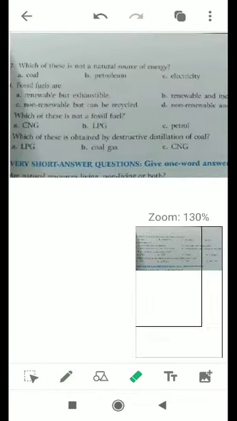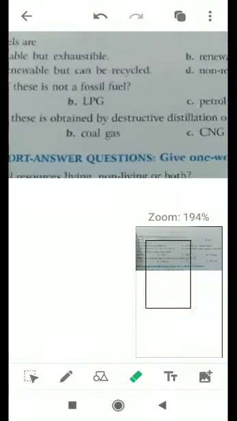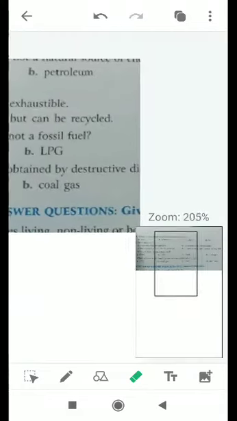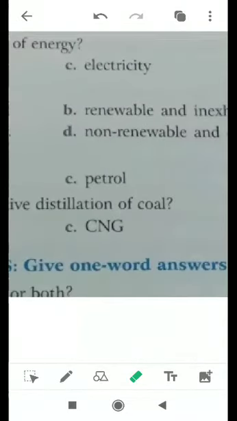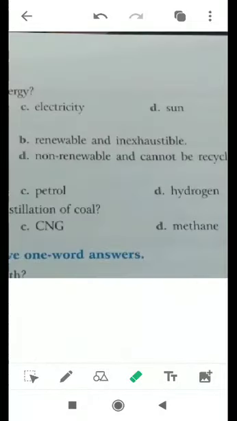Fossil fuels are: renewable but exhaustible, non-renewable but can be recycled, renewable, non-renewable and cannot be recycled, renewable and cannot be recycled.